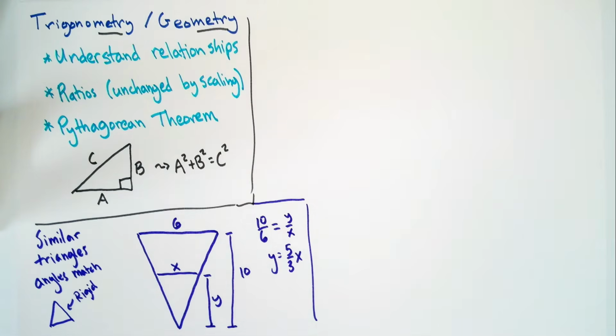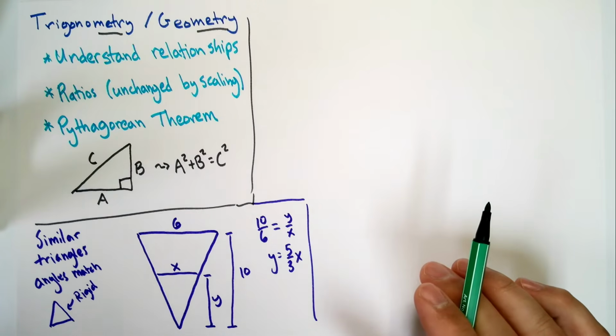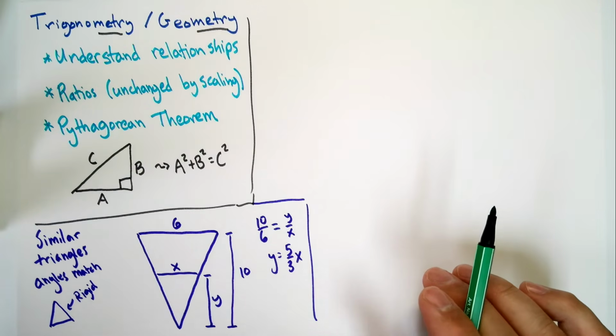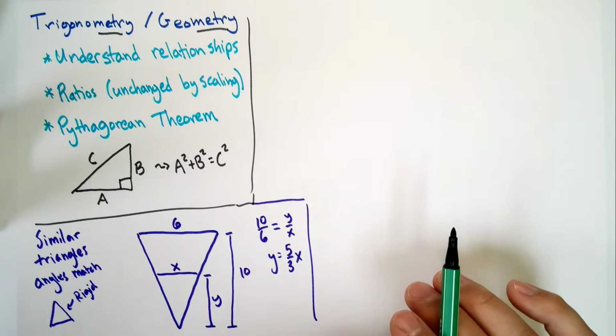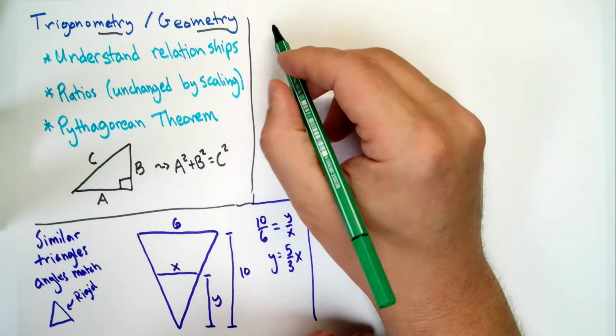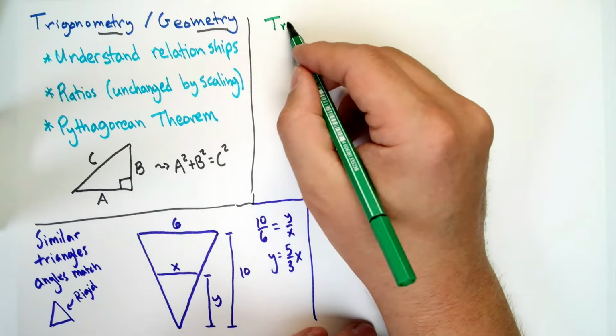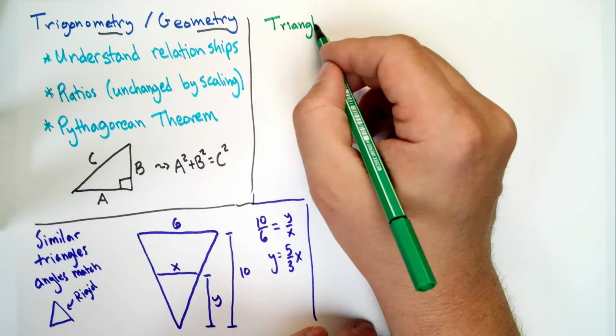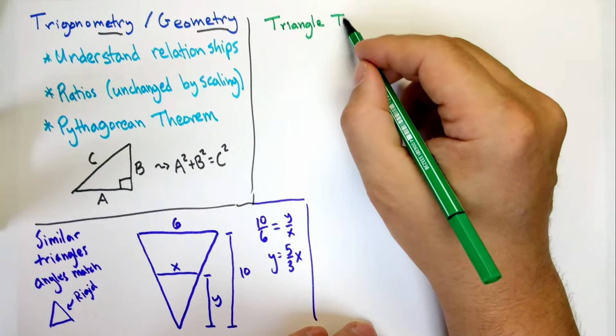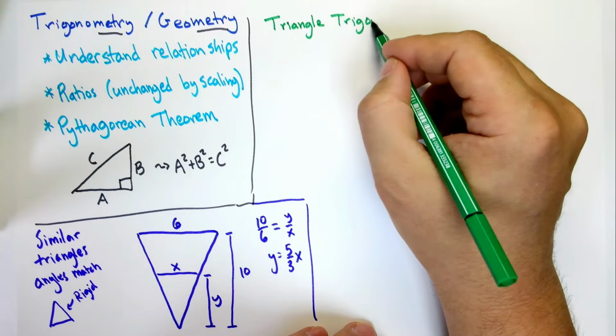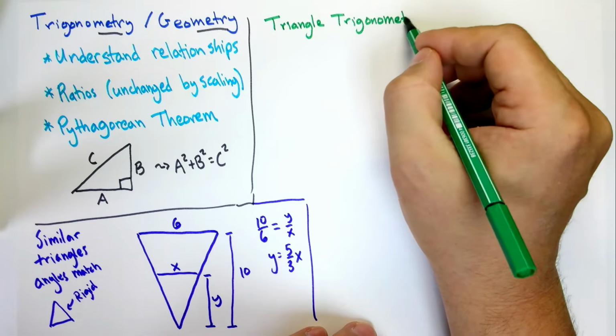All right, well, since we know that these ratios are not changed by the sizes of the triangles, that sort of leads to this idea of, well, let's focus on studying these ratios in triangles. And of course, the question is, which triangles should we pick? Well, we don't want to pick the wrong triangles, so what we're going to do is pick the right triangles.